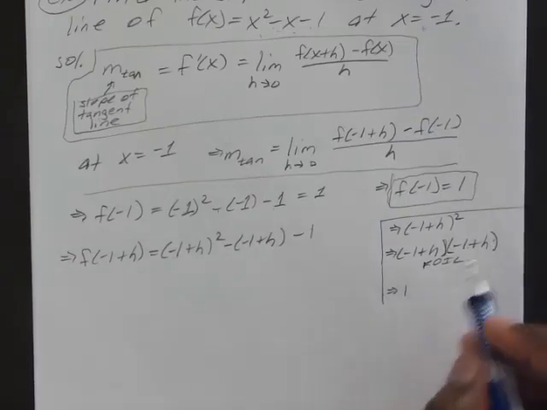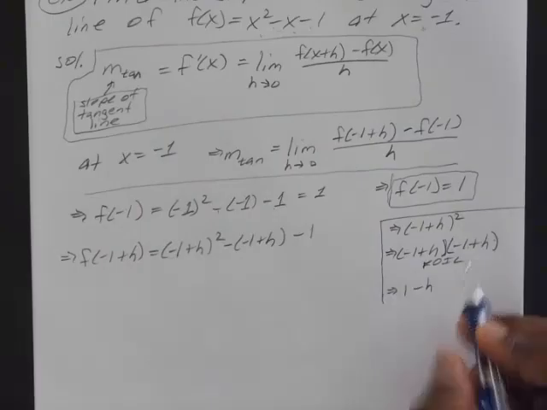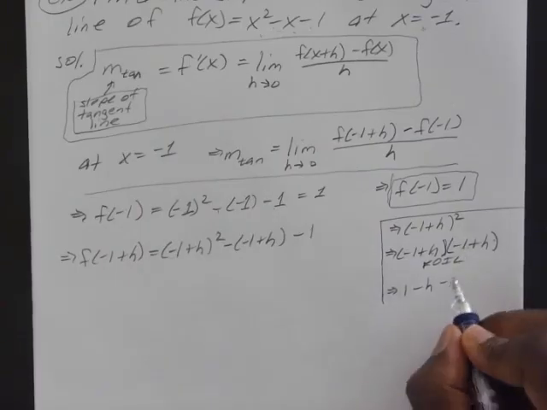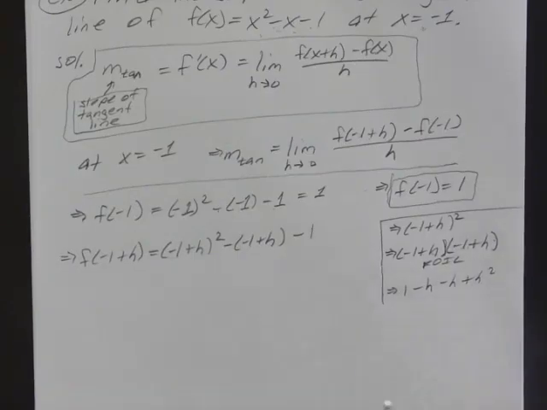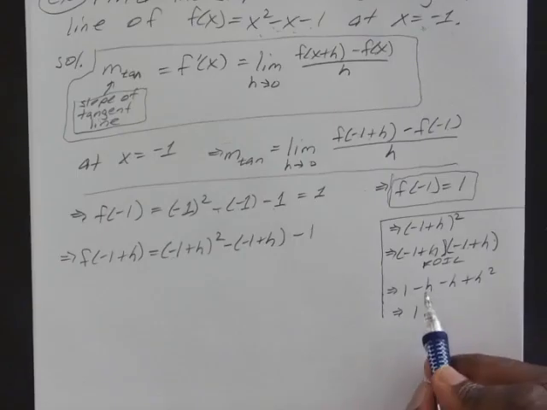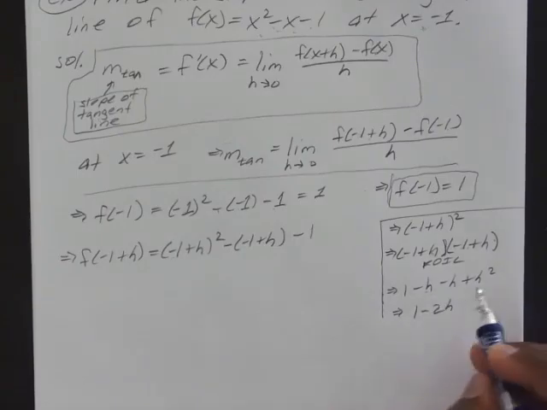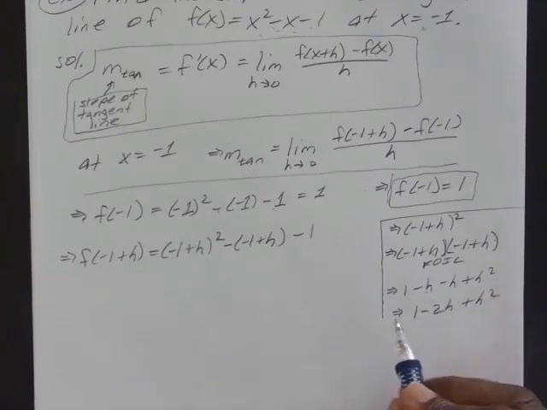Your outer is -1 times h. Your inner is -1 times h. And your last is h times h. So that gives us 1. Combine those two, minus 2h plus h squared.